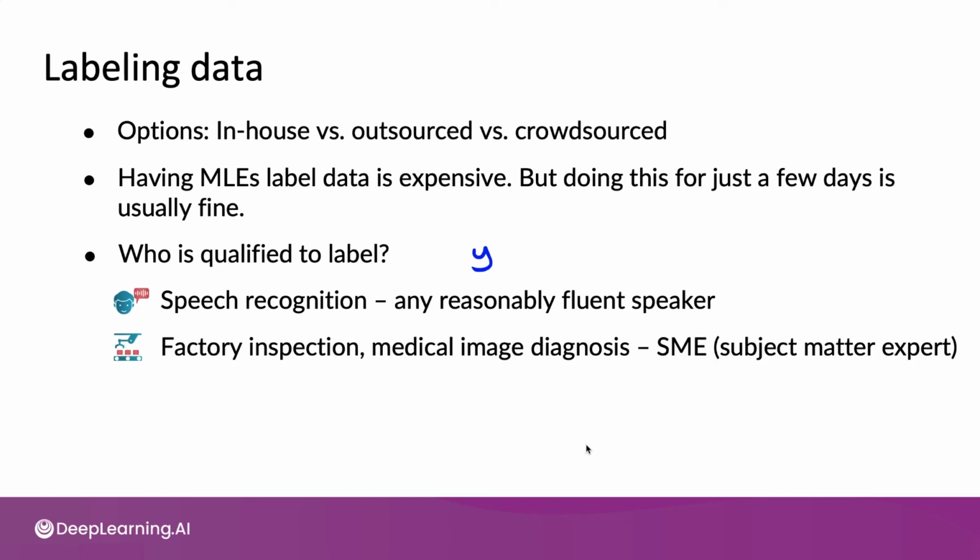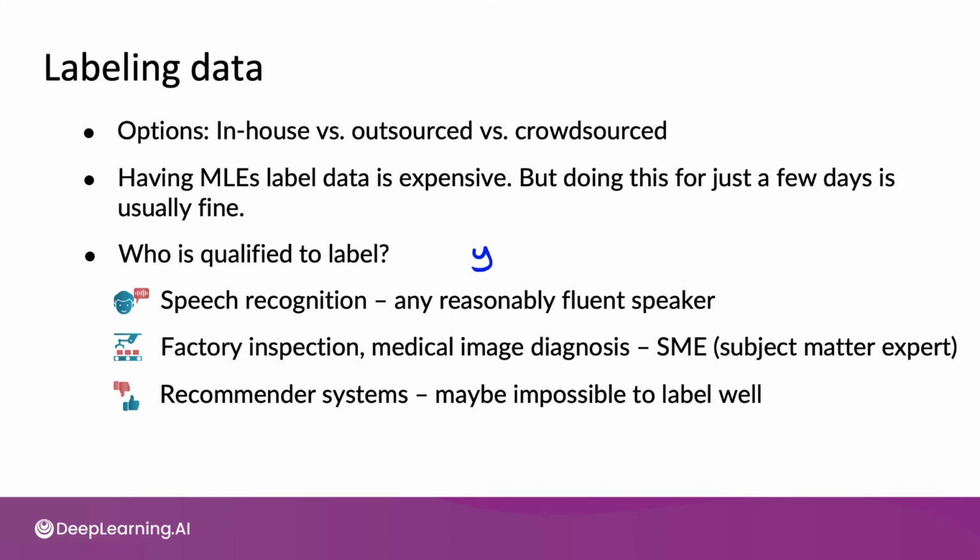For more specialized applications like factory inspection or medical image diagnosis, a typical person off the street probably can't look at a medical x-ray image and diagnose from it, or look at a smartphone and determine what is and isn't a defect. So more specialized tasks like these usually require an SME, or subject matter expert, in order to provide accurate labels.